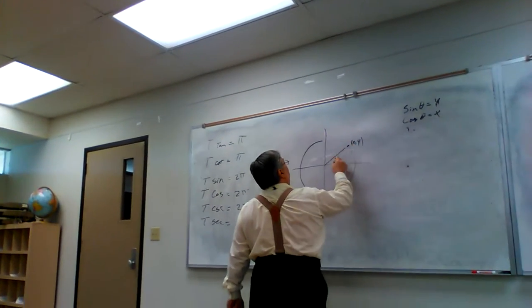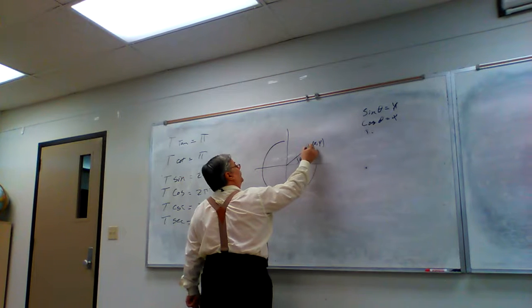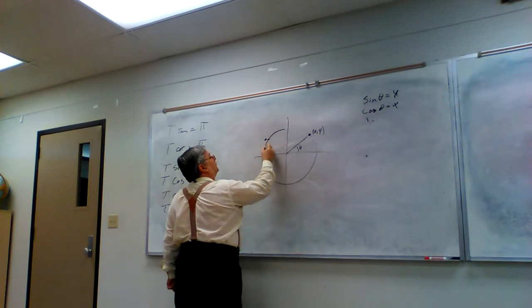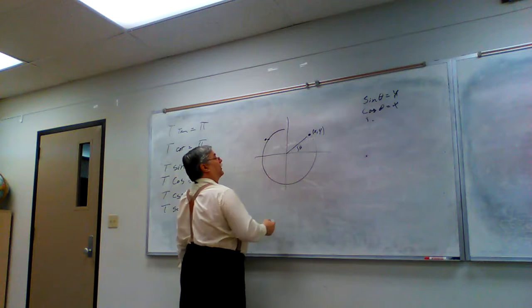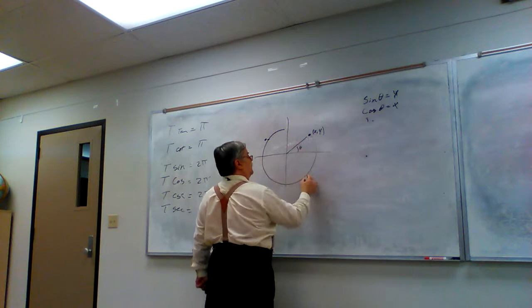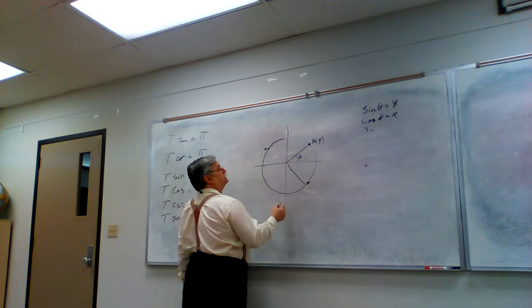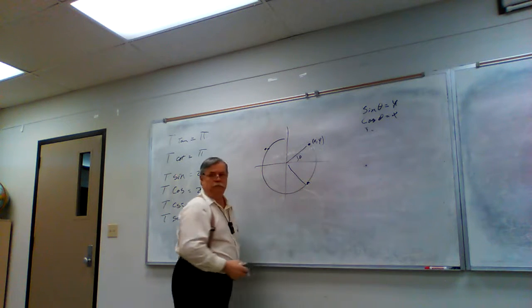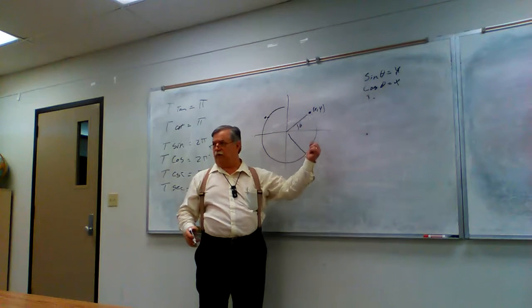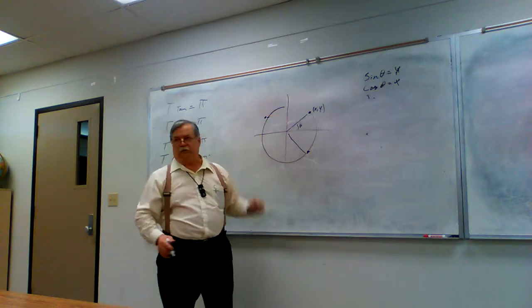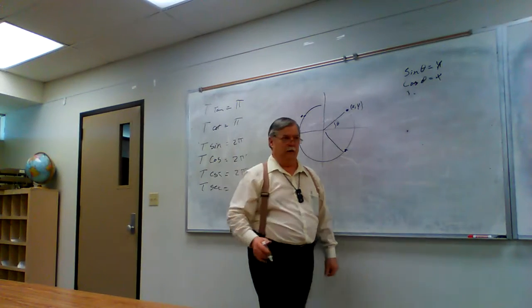But if you're looking for sine and cosine, you get a solution here and here for sine. For cosine, you get a solution here and here. Because this is where both the cosines are positive. Up top is where both of the sines are positive.